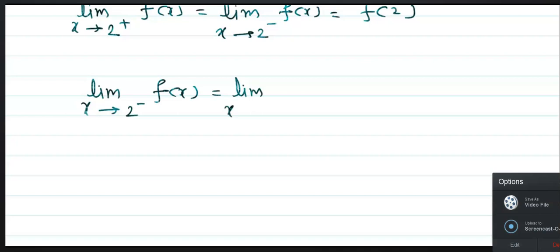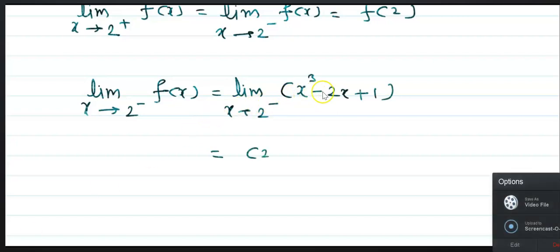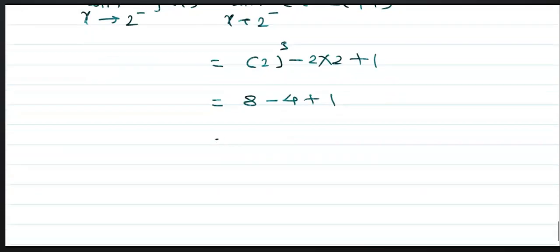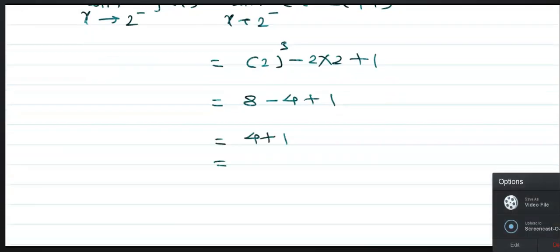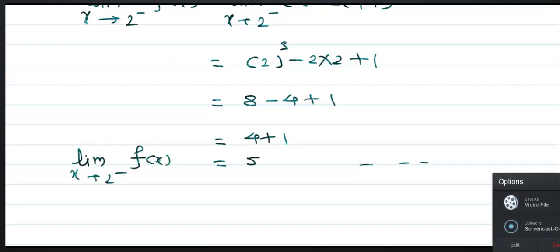Now first we find out the left hand side limit. At that time we take that function x cube minus 2x plus 1. Now to find out the limit of this function, replace x by 2, that is 2 cube minus 2 into 2 plus 1, 8 minus 4 plus 1, that is equal to 5. Therefore, limit x tends to 2 minus of f of x is equal to 5.